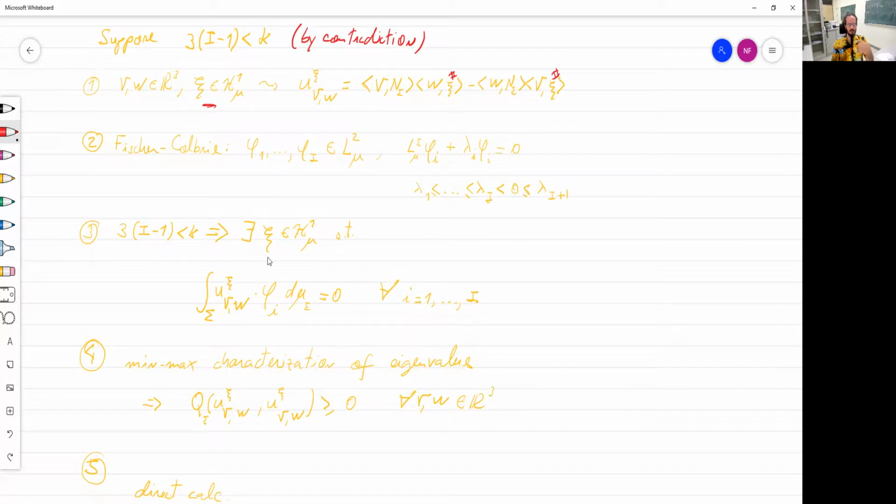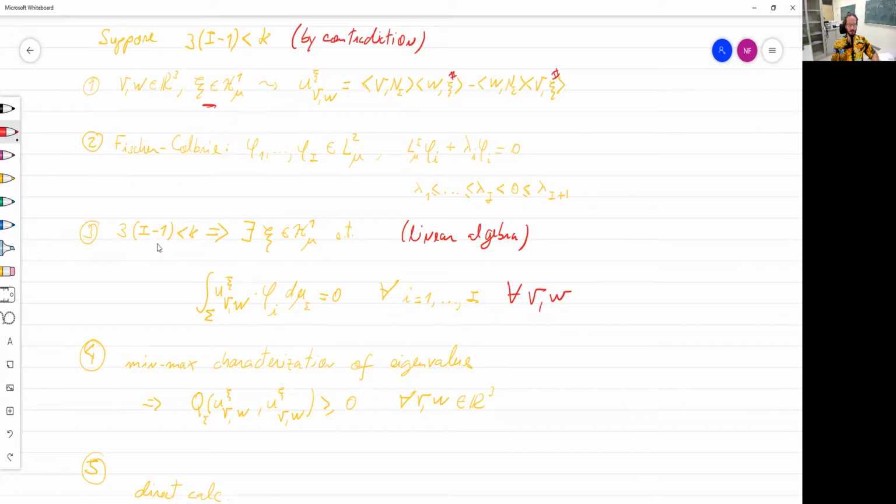It's just counting dimensions. This is linear algebra. For all V and W in R3, so these are constant vectors, you can find at least one psi. It comes from the fact that this dimension is very large.